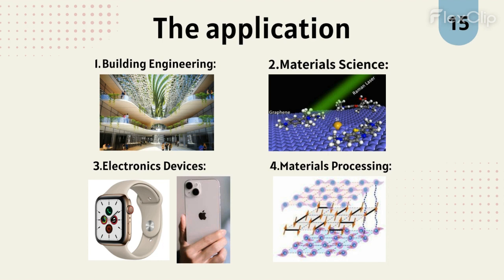Efficient heat dissipation in electronic components is crucial to prevent overheating and ensure reliability. And four is materials processing. Control of heat flow is essential in processes like welding and additive manufacturing, where precise thermal management affects the quality of the final products.